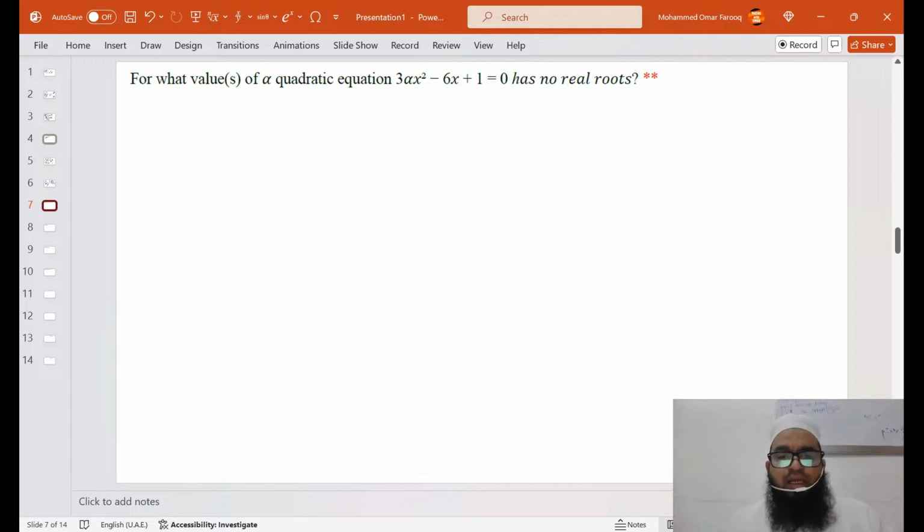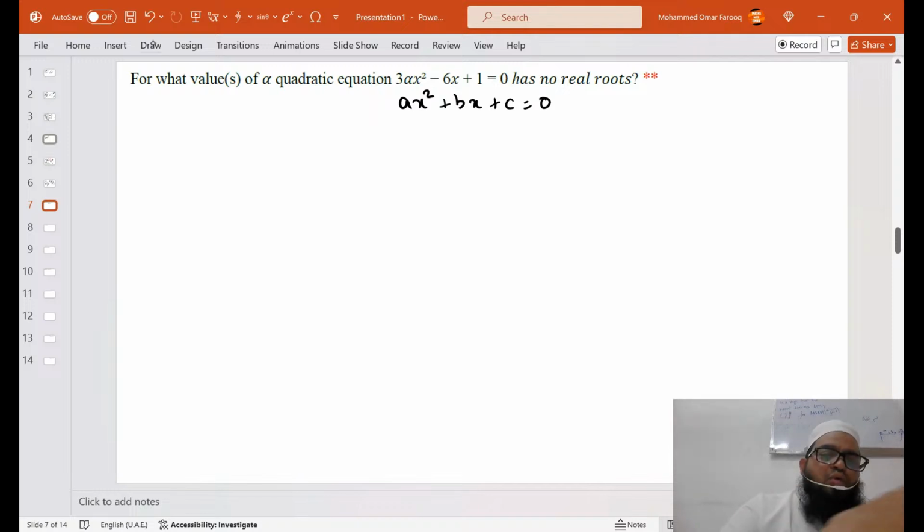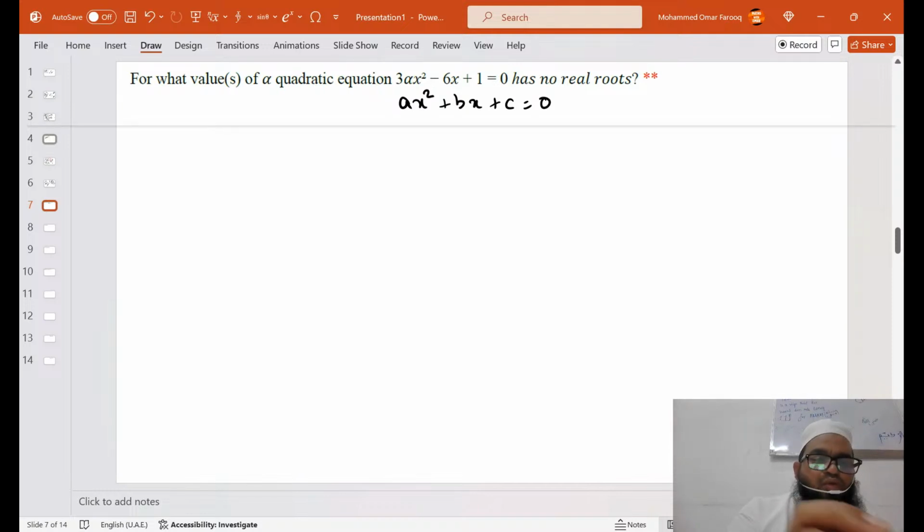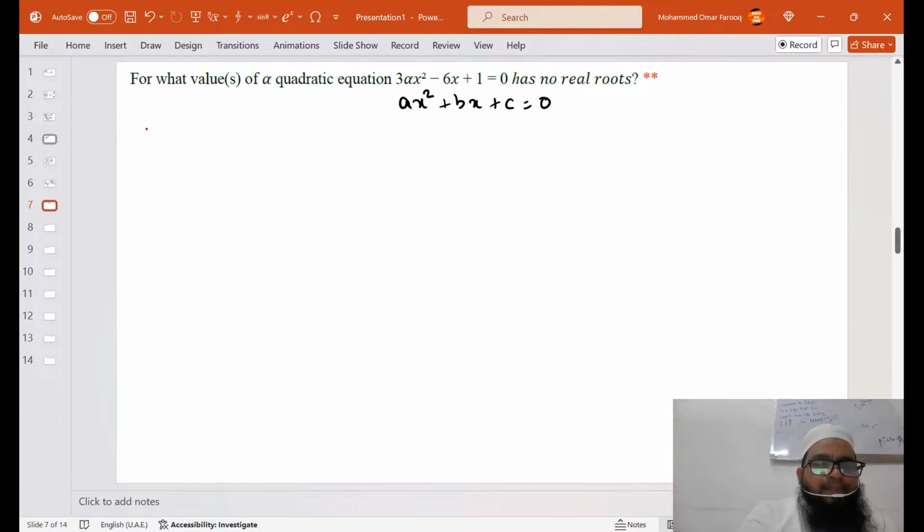So now let us see within 2 minutes. Whenever you have anything like this, what is the standard form? ax square plus bx plus c is equal to 0. Now can anybody tell me what a is? a is equal to 3 alpha, b is equal to minus 6, and c is equal to 1.